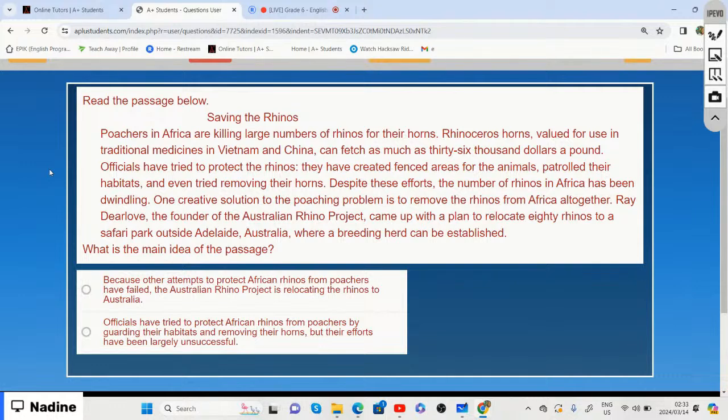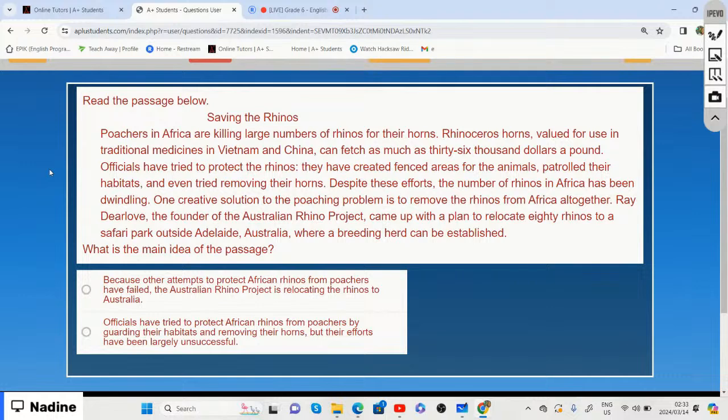Ray Dearlove, the founder of the Australian Rhino Project, came up with a plan to relocate 80 rhinos to a safari outside Adelaide, Australia, where a breeding herd can be established, right?